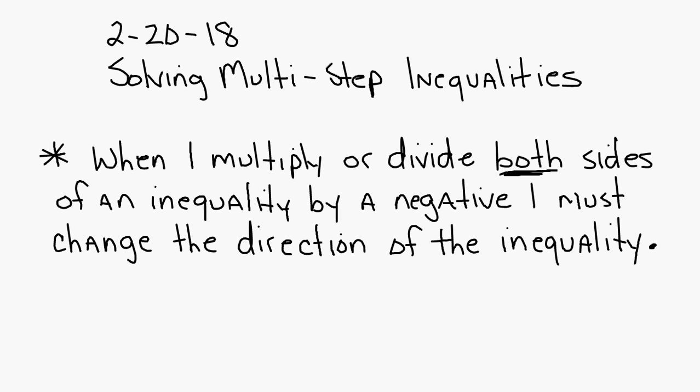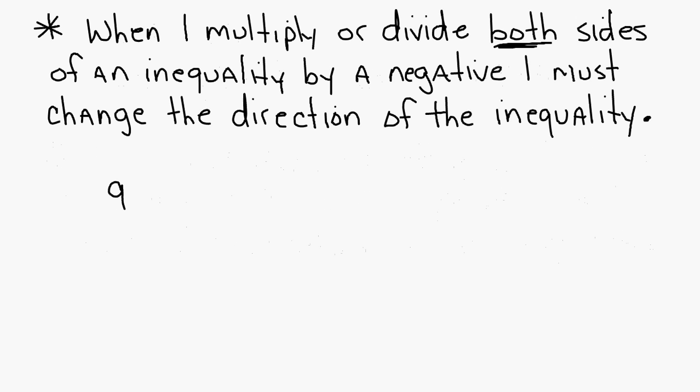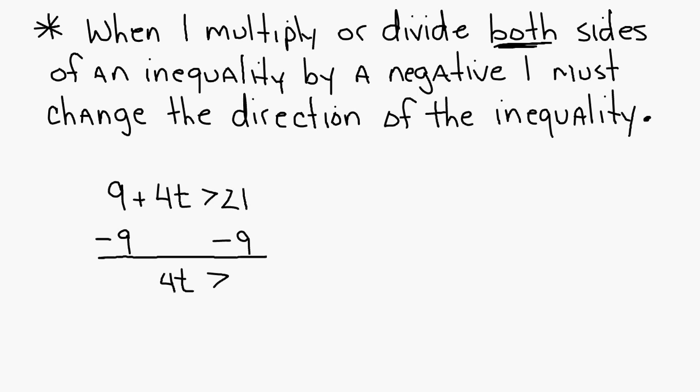So in this first example, 9 plus 4t is greater than 21. Treat the inequality just like an equal sign and solve the equation the same way you would if it was an equal sign. So you would subtract 9 from each side. So 4t would be greater than 21 minus 9 is 12.